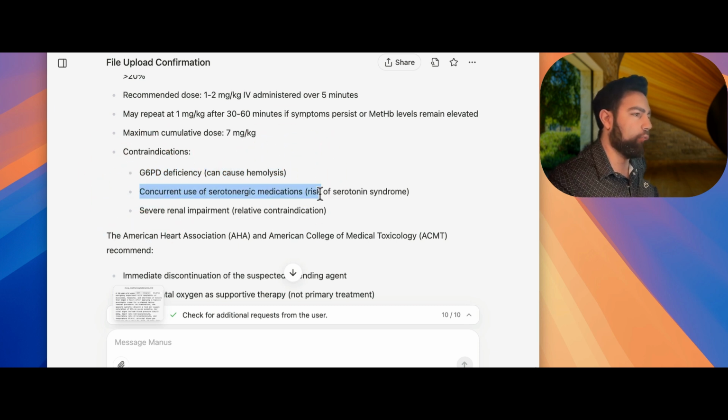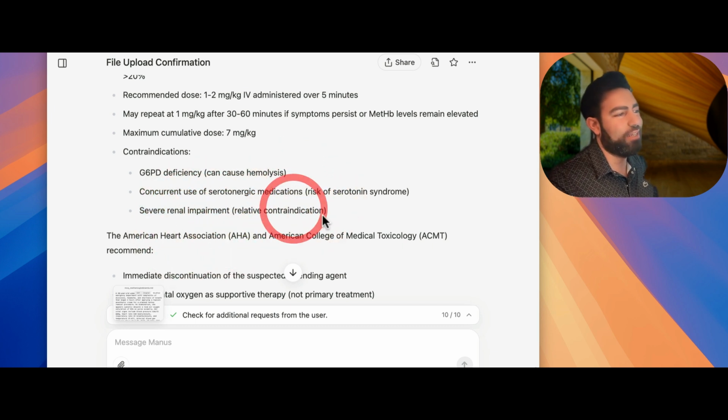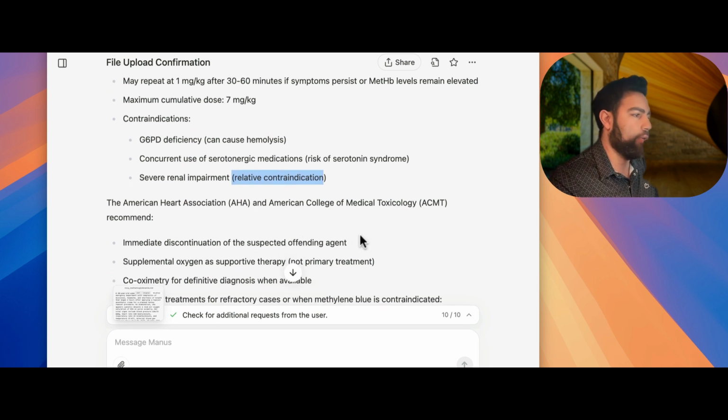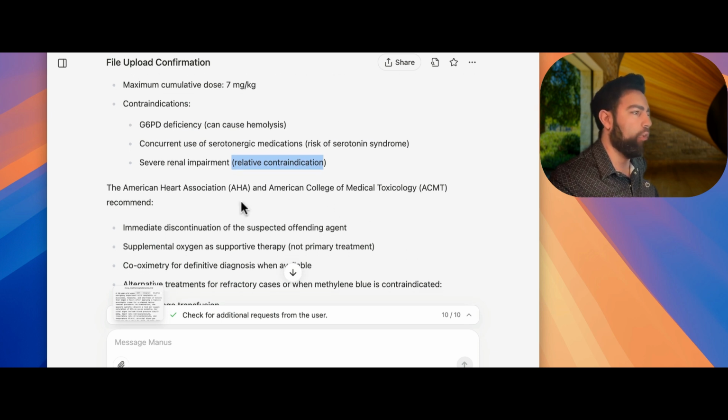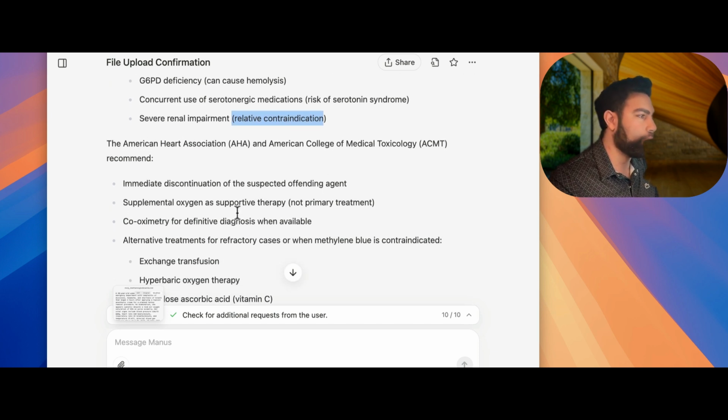Also if the patient is on concurrent serotonergic medications. Severe renal impairment is a relative contraindication, not definite. But if they give you this, they probably give you a severe renal problem or someone in CKD stage 4 if they were to make you not pick that answer.